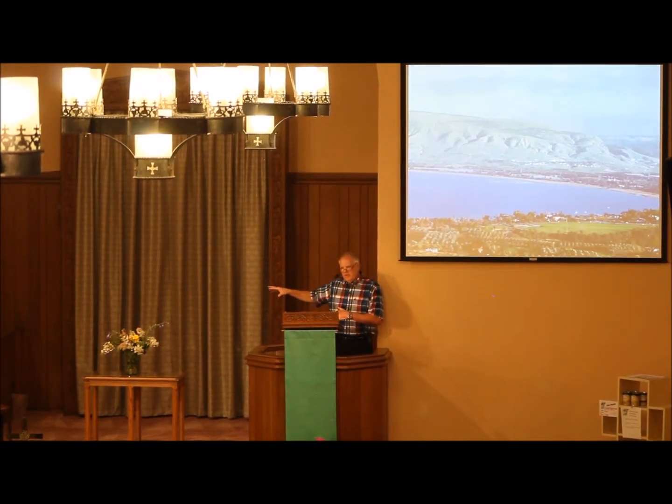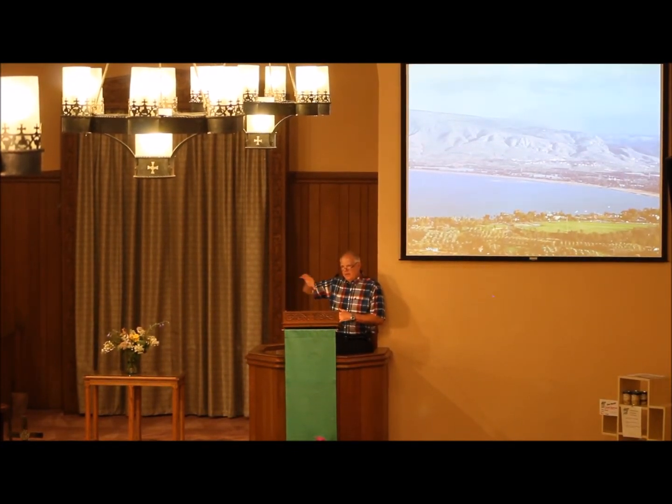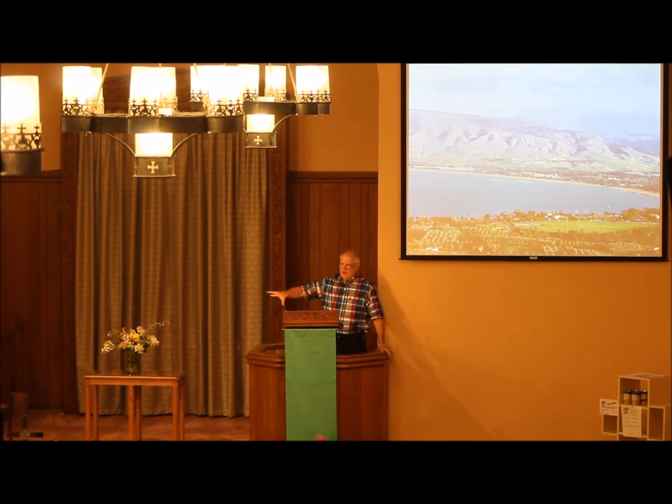And I like this picture of the sea because it shows you, on the side of the sea, notice the barren mountains of the, it escapes me right now, but it's the border of Syria, Jordan, and Israel, the Golan Heights.